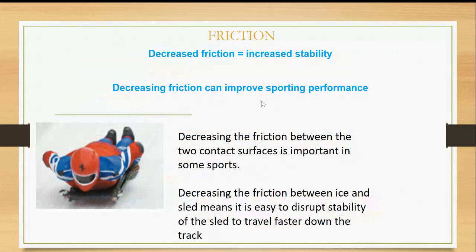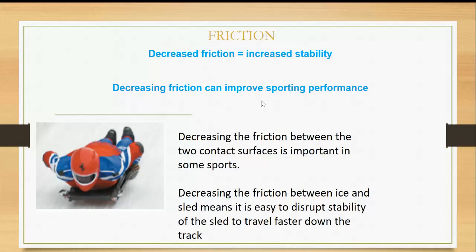So here is a classic example of these nut jobs who go down face first down a bobsled run. And by having themselves on some very sharp and small base of support, ice skates on the bottom of that sled, it means they're going to travel incredibly fast because there's not much friction between those tiny little blades and the ice, which is also smooth as well.